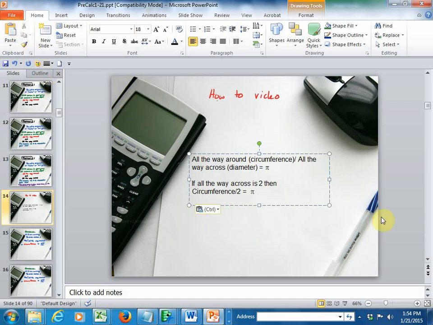Then that means that the circumference divided by 2 would be pi. Well, if I multiply both sides by pi, I get the circumference as 2 pi.